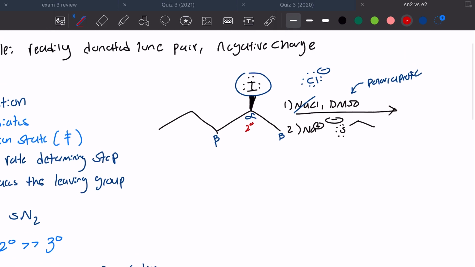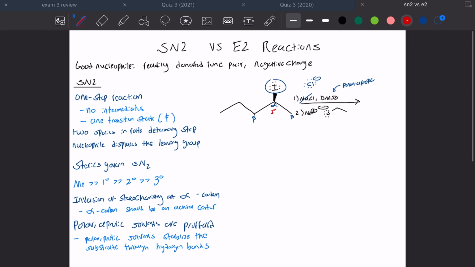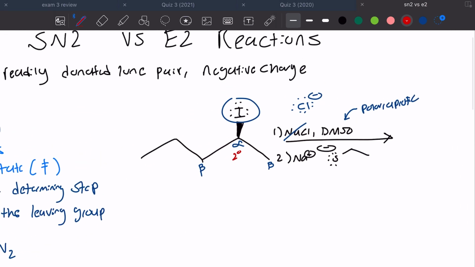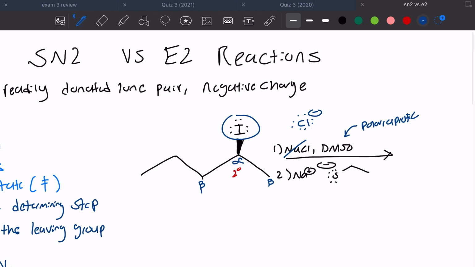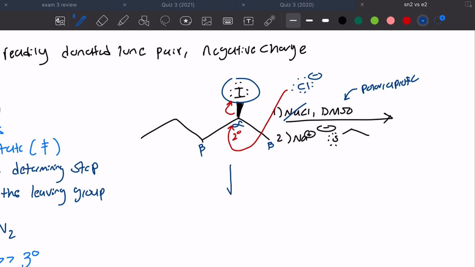When we combine everything that we know about our solvent and our nucleophile, this is probably going to go via SN2. So your chlorine is going to come in and displace your iodine. This is the first step that's occurred.